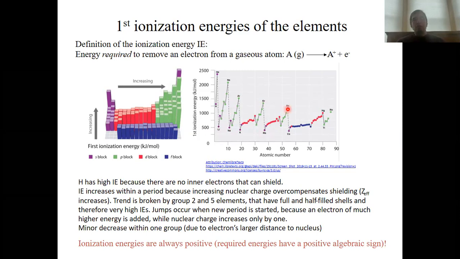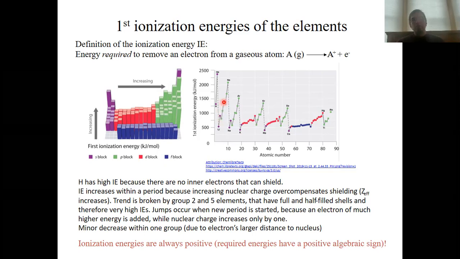Now you see that for the main group elements, the trend is two times broken. Okay, so for instance, look here in period 2, where we have only main group elements, that here we have beryllium, which has a higher first ionization energy than boron.